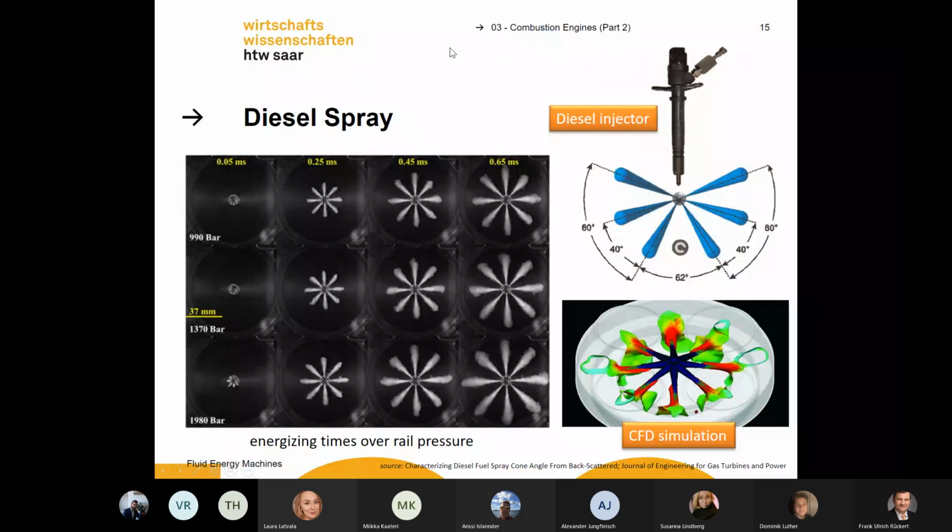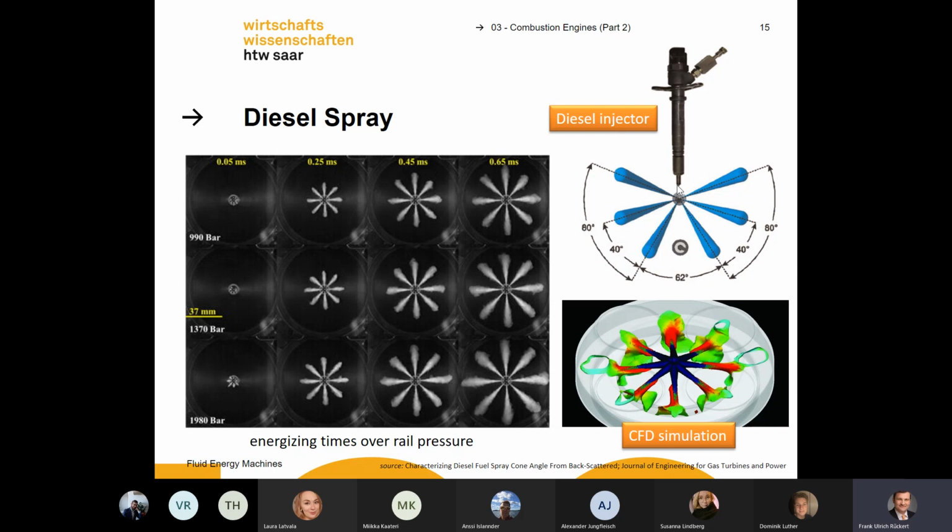Okay, and here you see a diesel spray, injection into a diesel engine, and it looks quite different. The pressure is much higher here. At the gasoline injection, we only had 200 to 300 bar, maybe 400, and for the diesel injection, the rail pressure is much higher.